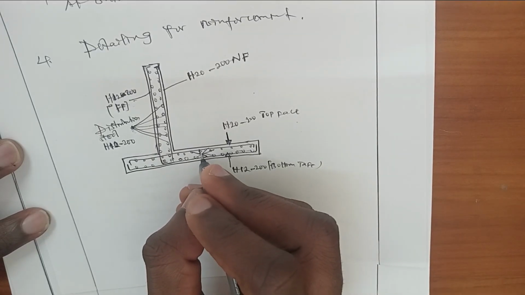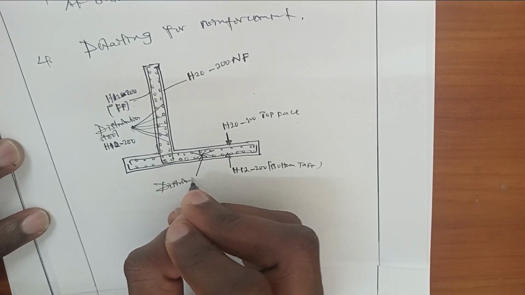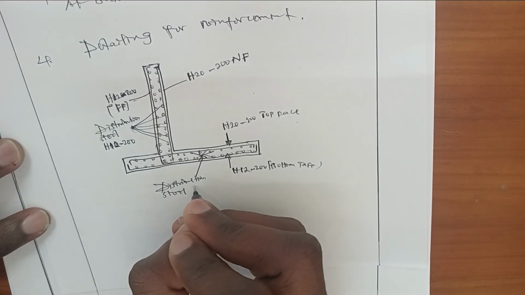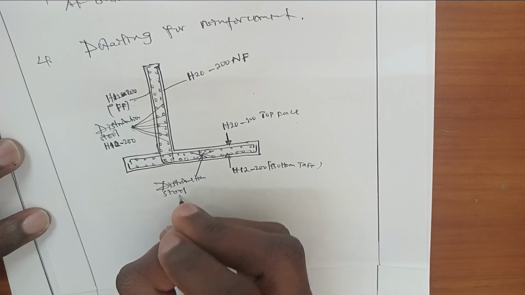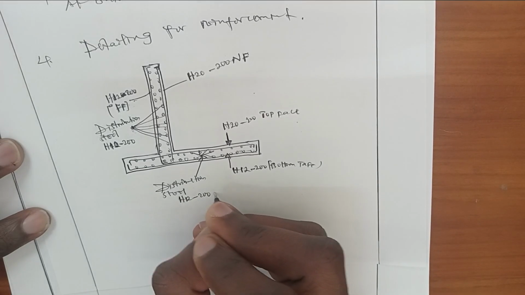So this is distribution steel with high strength bars of 12 at a spacing of 200 millimeter.